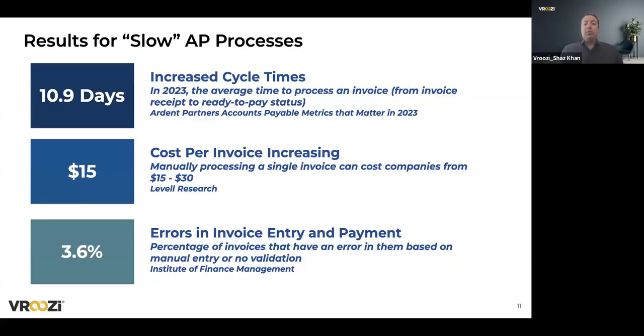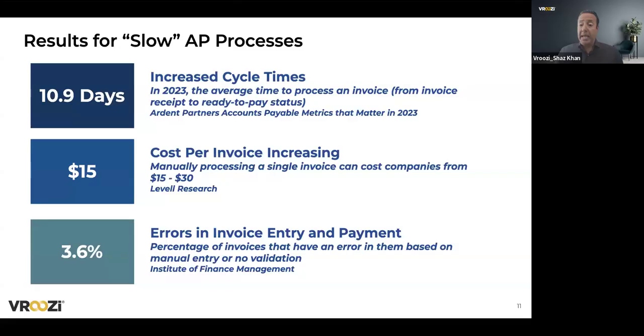So when you talk about the results of a slow AP process, you're going to see increased cycle times. The average time to process an invoice, and again, I will argue average time is from invoice receipt to ready to pay status, is almost 11 days. That is an Ardent Partners metric that was shared with us in 2023. That has gone down slightly recently to about 10.2.